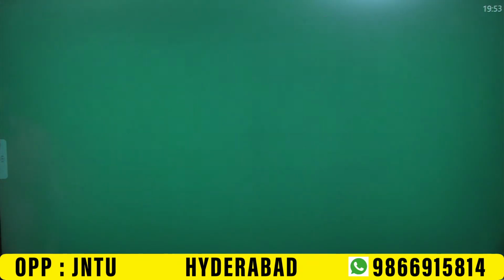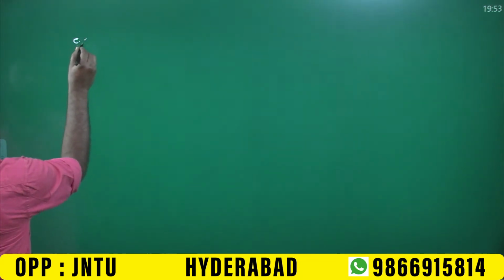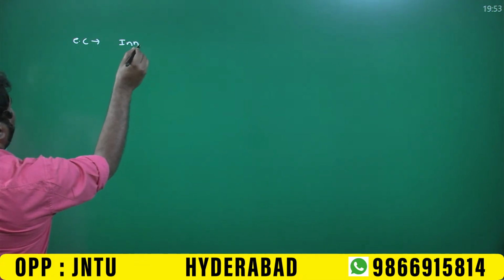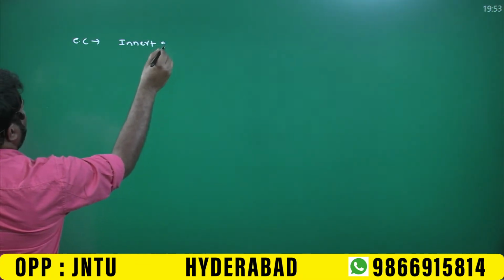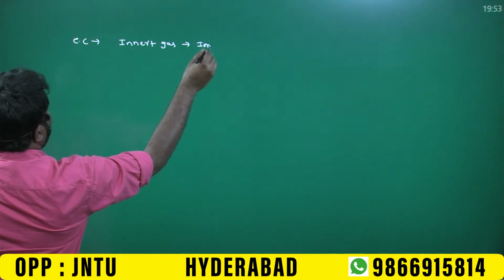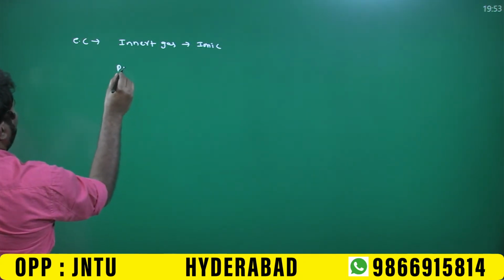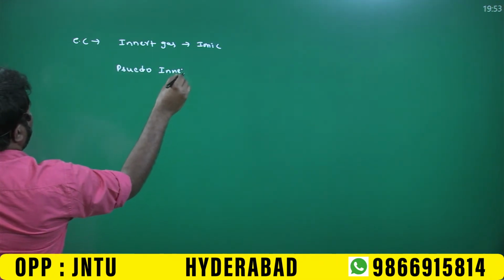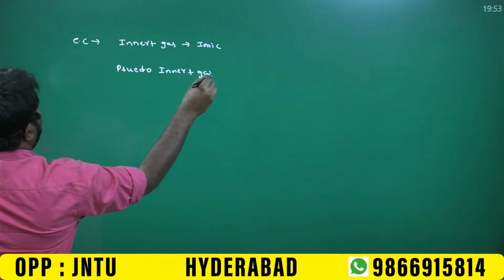Let's see. If a metal ion has inert gas configuration, the compound is generally ionic in nature. Pseudo inert gas configuration is generally covalent in nature.